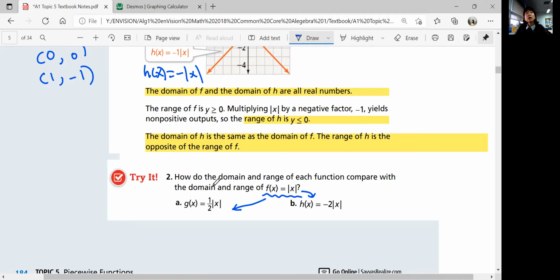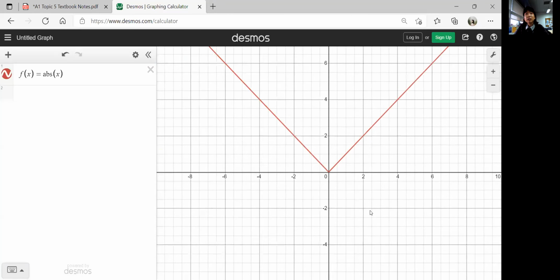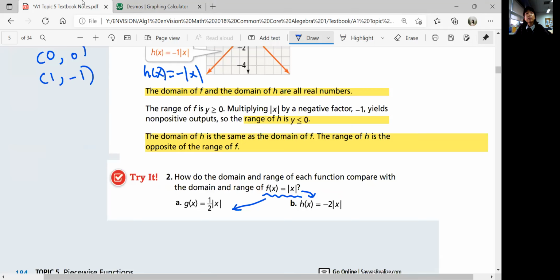All right, you already know that f of x equals absolute value x would look like this. You can use decimals to check your answers, but please don't make a habit of using it every time you're solving a problem like this, because you won't know how to graph if you keep using decimals before you even learn how and get comfortable with graphing.